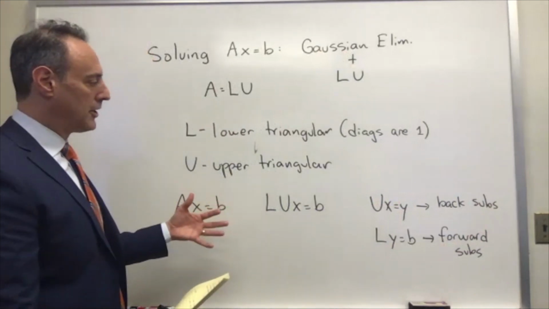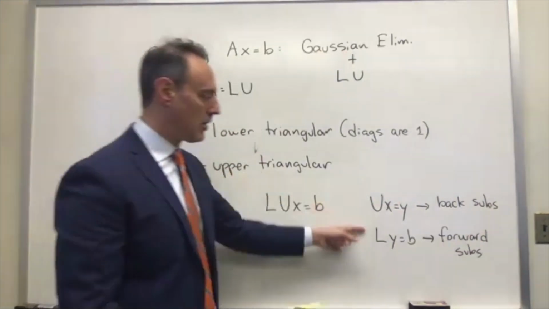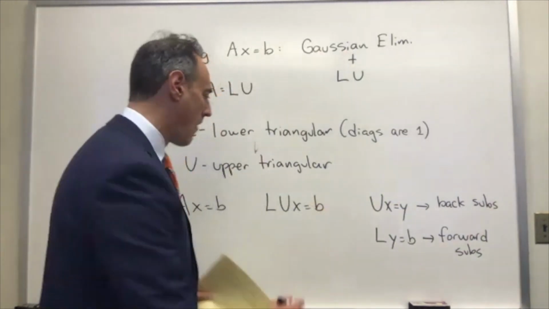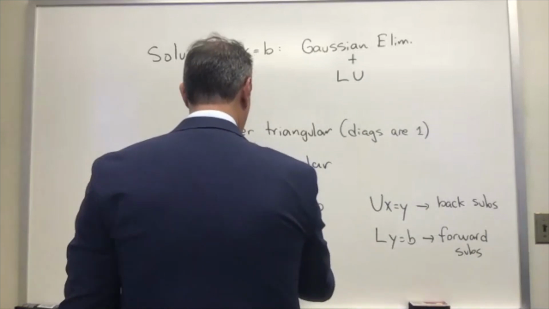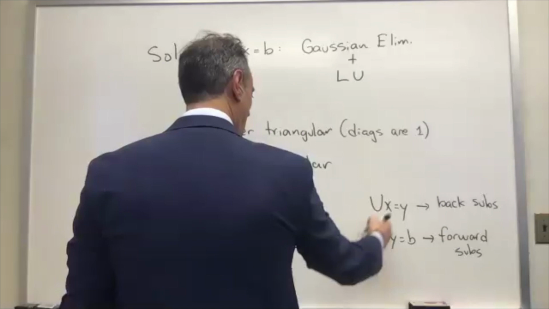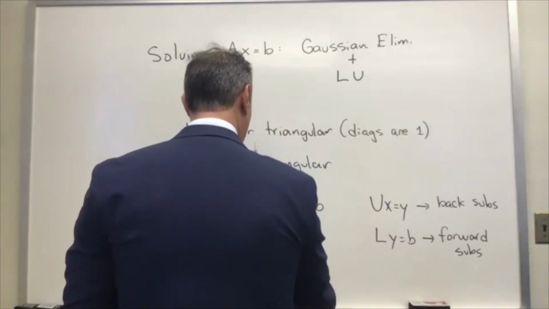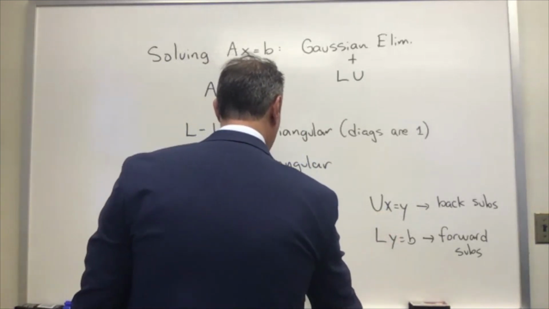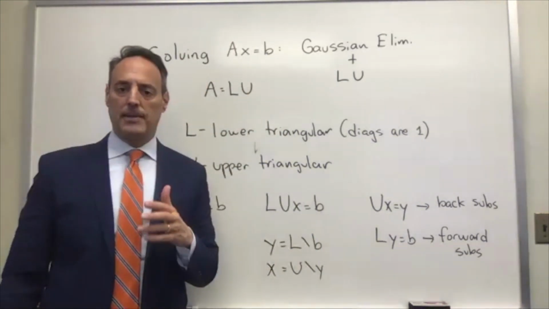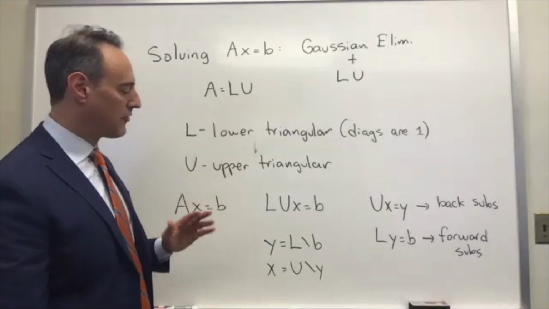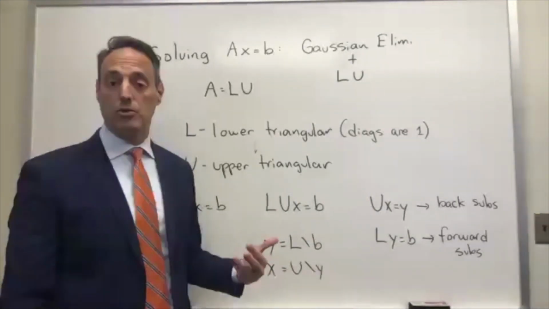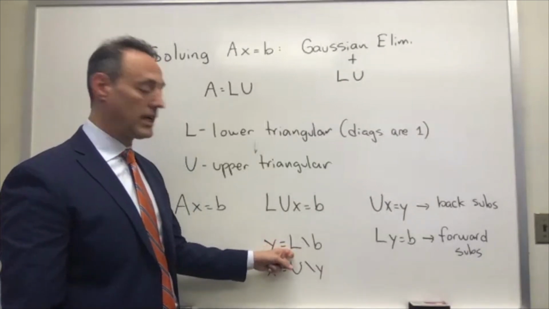I'll make a side comment here that if we go to MATLAB to solve these, to get y, I just say y = L backslash b. And then once I have y, I can put it in here to get x = U backslash y. Remember the comment I made last time in class: the backslash is really kind of sophisticated. When you do this, it looks to see, can I just solve this by forward or backward substitution? And it sees, oh, look, I can.